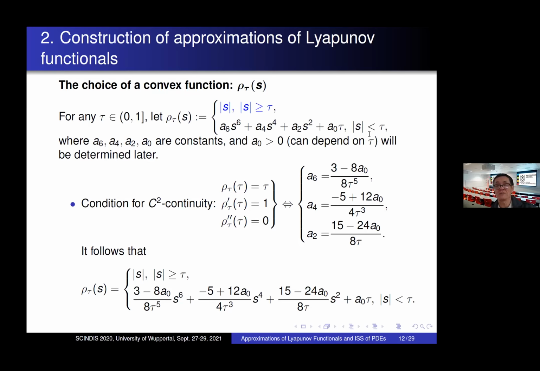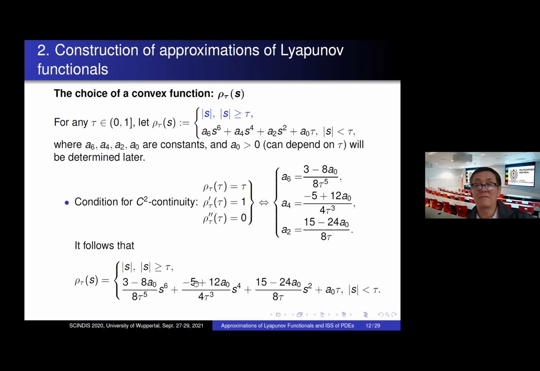In order for this function to be C2 continuous, we have to impose this condition, which actually will simplify this function. All these parameters can be expressed in terms of A0. So we have this function.